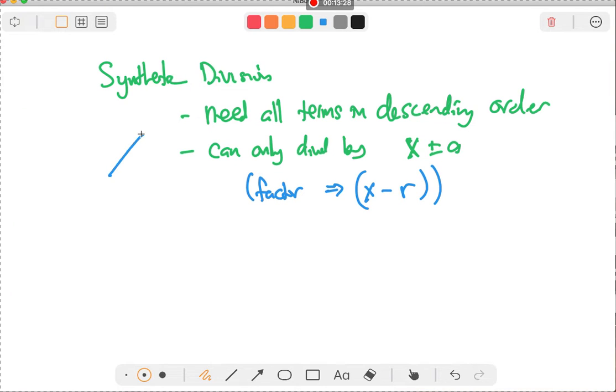I want to do another example here with having all the terms in descending order. I'm going to take and do this problem. If I were to do x cubed minus 64 and divided by x minus 4.